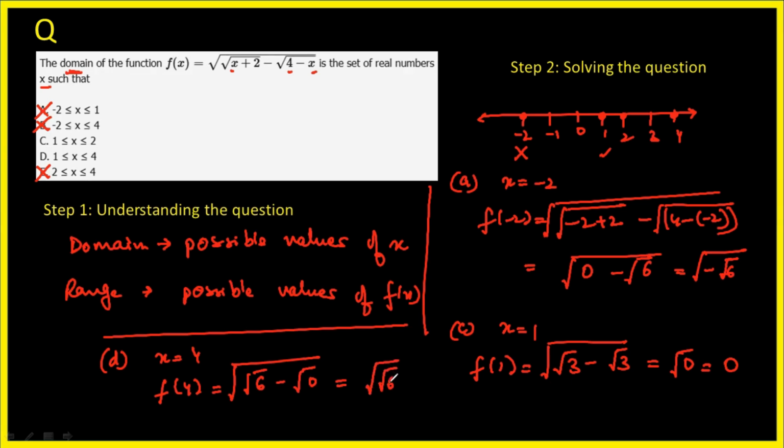Now this is a real number. That means the function is defined at x equal to 4, so x equals 4 should be in the option. That means out of C and D, D is correct, because it has 4 as a value of x which satisfies the given function.